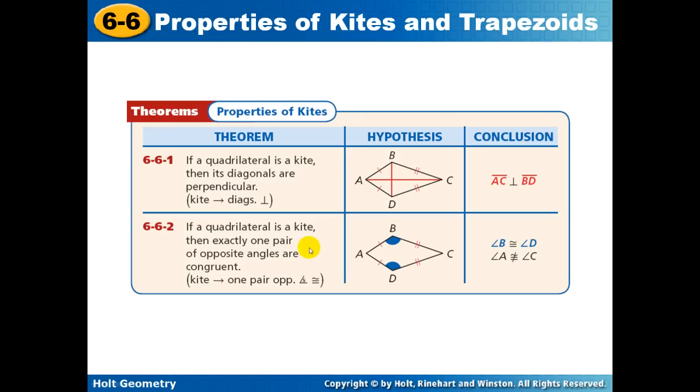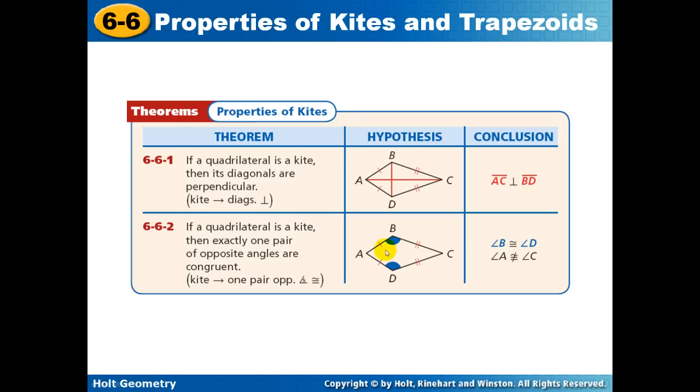The second theorem: if a quadrilateral is a kite, then we have a pair of opposite angles congruent, but only one pair. We can't have both pairs congruent because then we end up with a parallelogram instead of a kite. The trick is figuring out which pair is congruent, and I would say the easiest way to see is to look at your pairs of sides that are congruent.